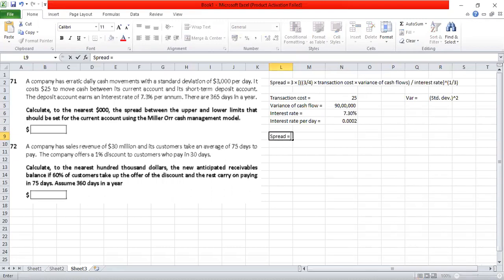Spread is equal to 3 into 3 by 4 into transaction cost per day.